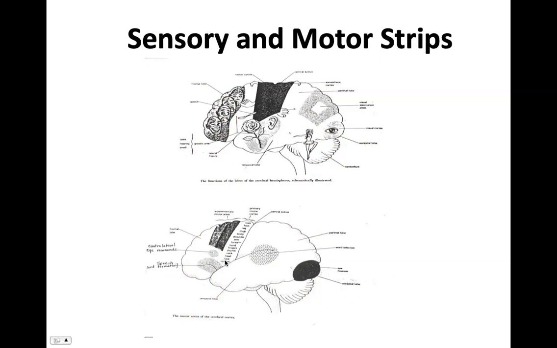The reason I'm showing you this is because you can have damage to the homunculus, which is the motor strip. That's where the motor neurons start in the brain, and then those are the ones that go through the precentral gyrus. They go through the medulla, and that's where they cross over. So that if you damage the right side of your brain, it's the left side of your body that has the problem with motor. Are you good with that?